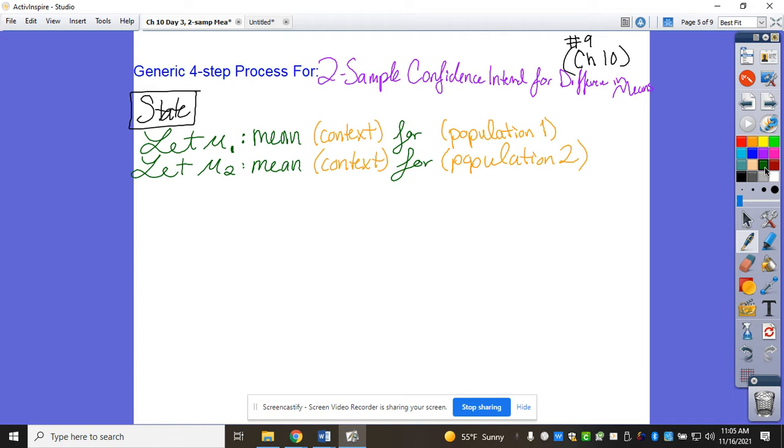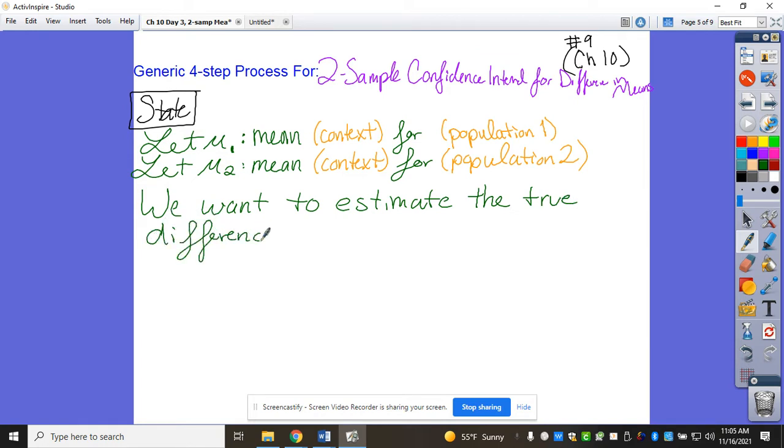And so we're doing an interval, not a test. So what do I write here? We want to, what? What do we want to estimate? And then what do I have to do there?